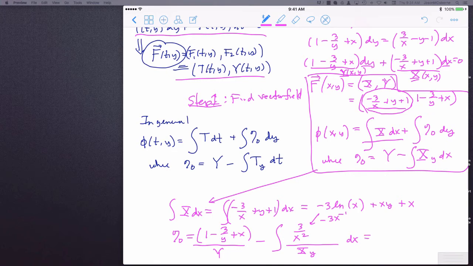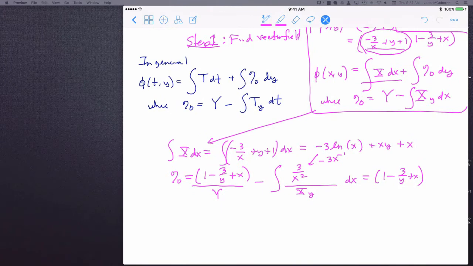So we can see that psi is going to be 1 minus 3 over y plus x. And now we need to integrate. Oh, sorry, back up. What goes here is the partial derivative of X with respect to y.